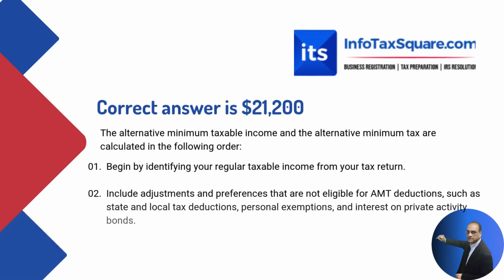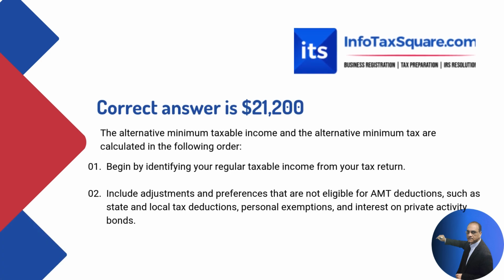The alternative minimum taxable income and the alternative minimum tax are calculated in the following order. Number one, begin by identifying your regular taxable income from your tax return. Number two, include adjustments and preferences that are not eligible for alternative minimum tax deduction, such as state and local tax deduction, personal exemption, and interest on private equity bond.